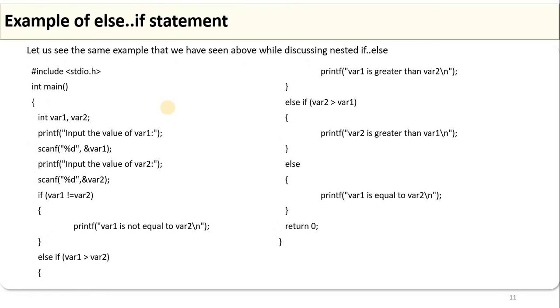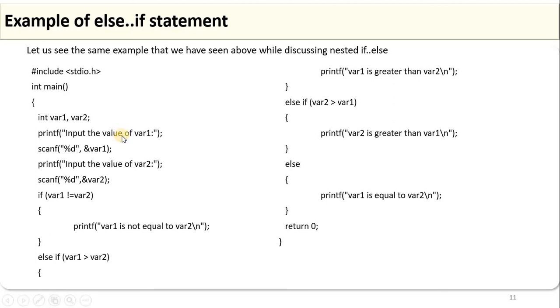Similar to the last program that we have done, we will write the same thing using an else if statement or else if ladder. Here we have included a library and then the main program. In the main method, you are declaring two variables as explained in the last program.